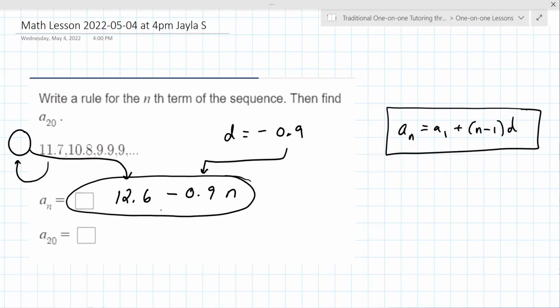Okay, do you have that entered into this box here on your side? Go back to your calculator on the right, enter this equation, but instead of n, put in parentheses 20.